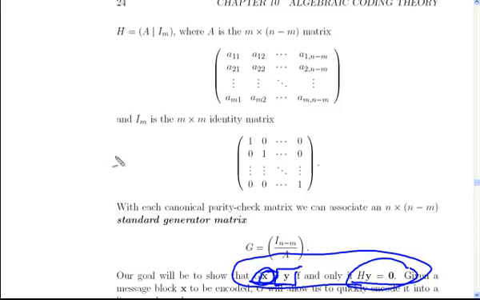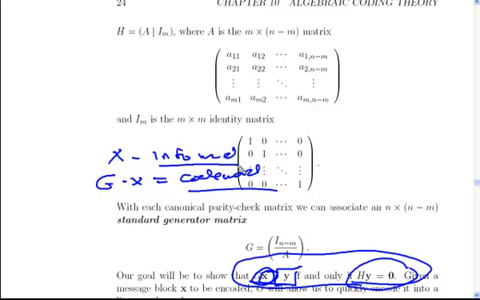So if I take any x as any information word, then I multiply it by G, and the result is a code word. This gives us an easy way to generate code words from information words. Now let's work out the dimensions here.